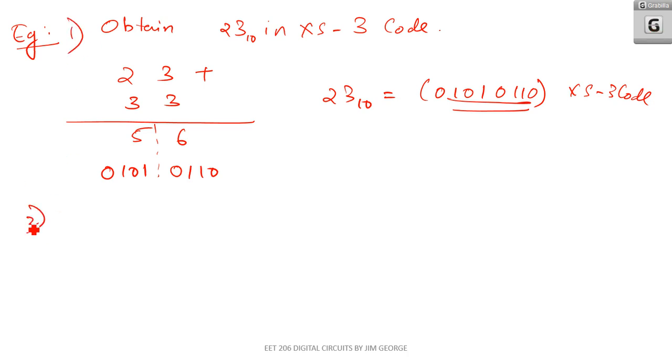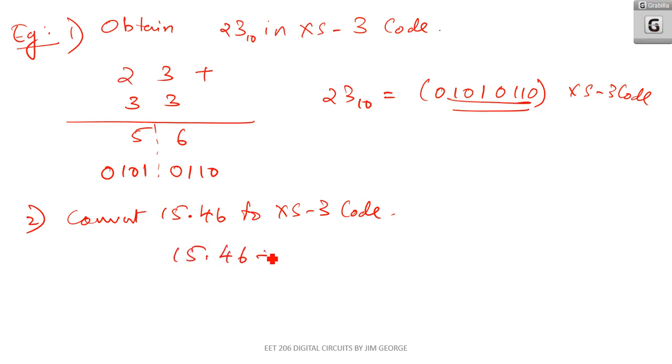Second example: convert 15.46 to Excess-3 code. To do it, you add 3 to every digit. So you add 33.33. What is it? 1 plus 3 is 4, 5 plus 3 is 8, 4 plus 3 is 7, 6 plus 3 is 9. So it is 48.79.